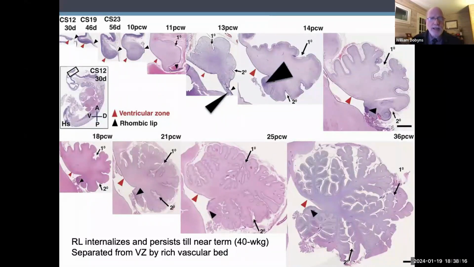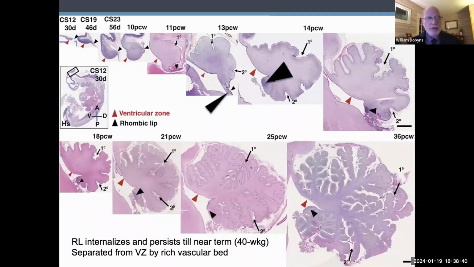What this shows is that through the first third of pregnancy, most of the cells in the cerebellum, all of the granule cells and a few other types, come from a small tail-like structure at the lower end of the cerebellum called the rhombic lip, shown with small black arrowheads. And at 13 post-conceptual weeks, I've made it a big black arrowhead.